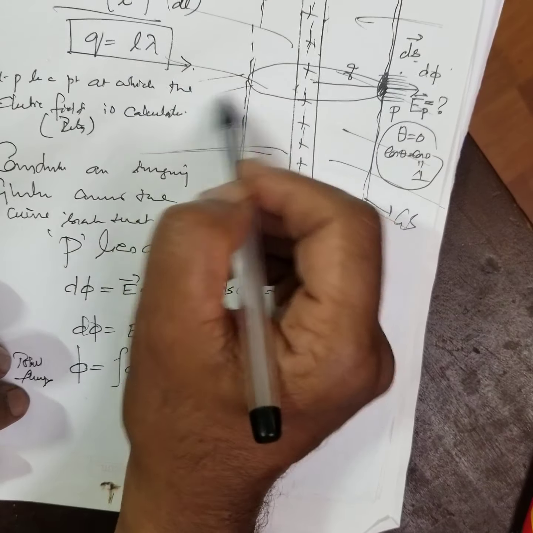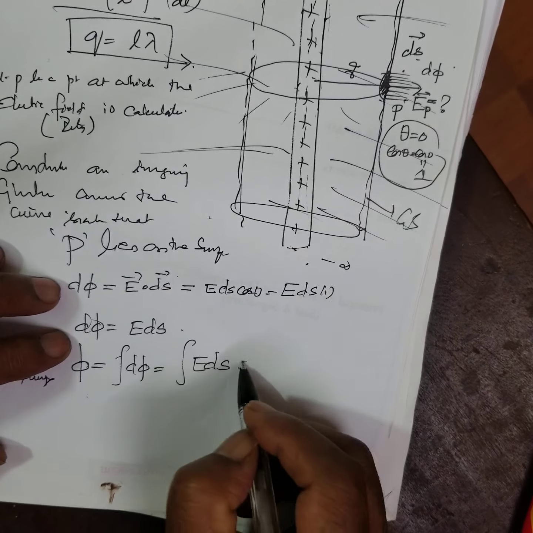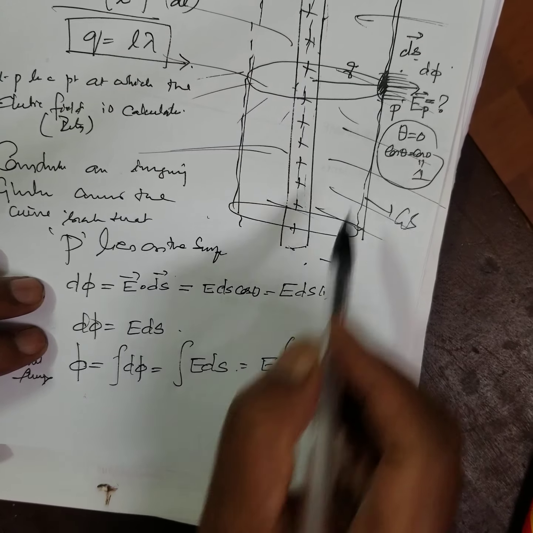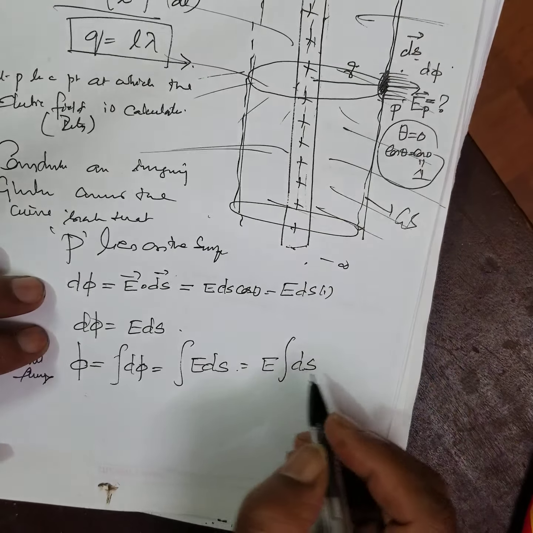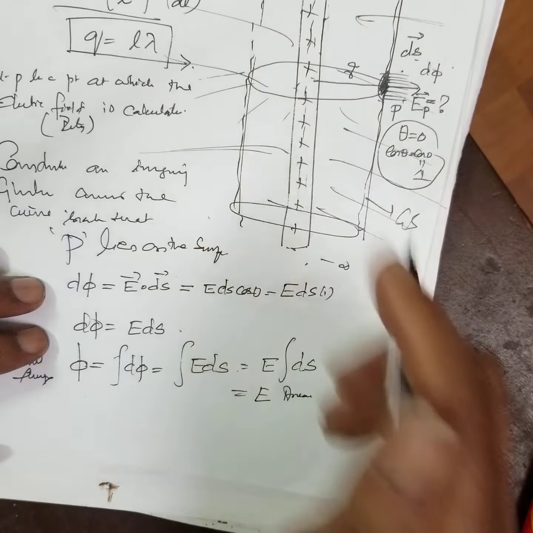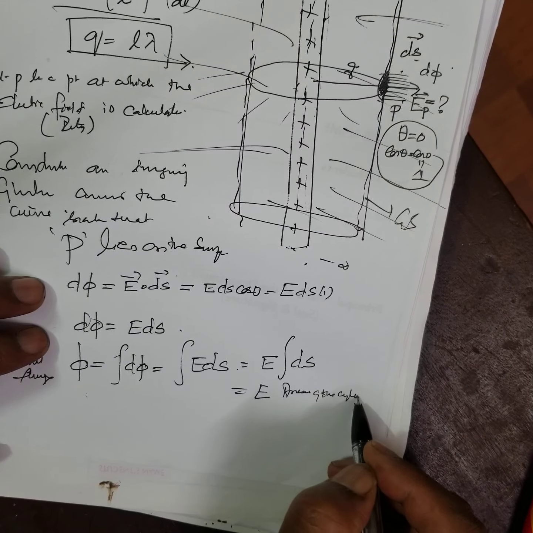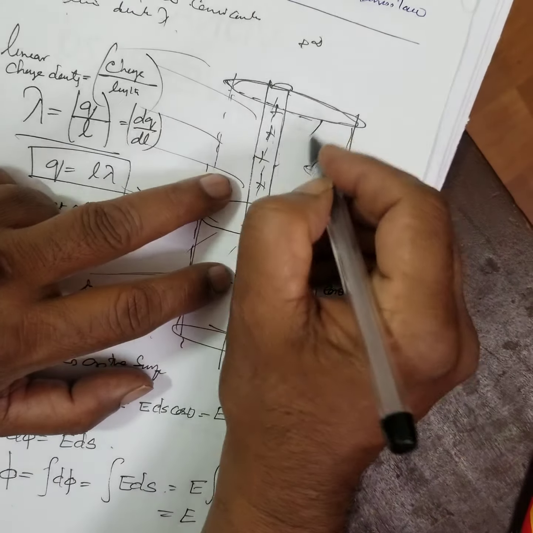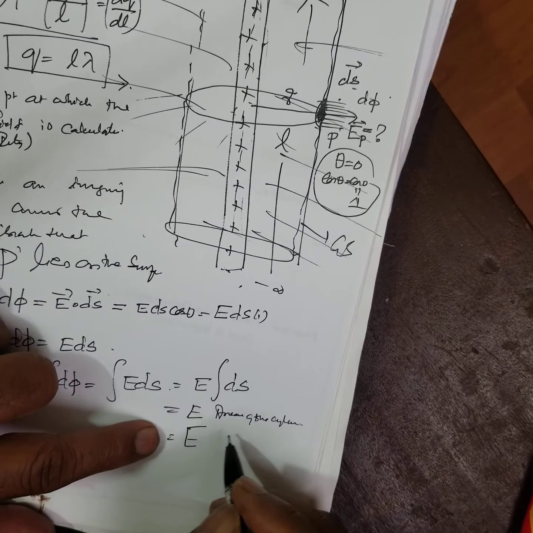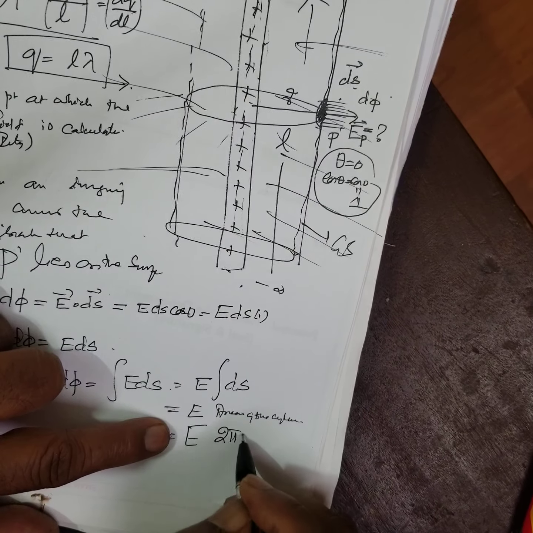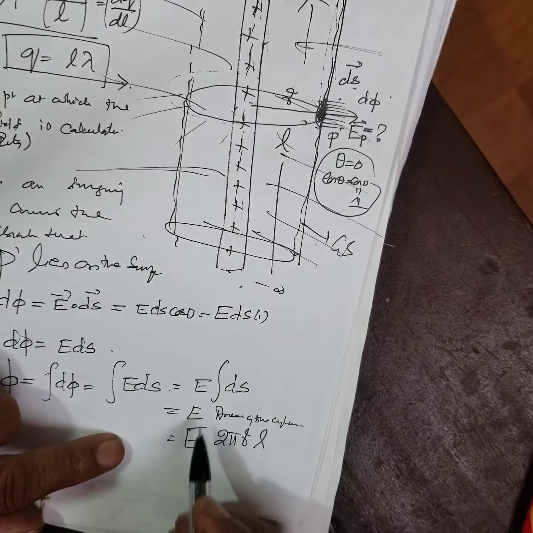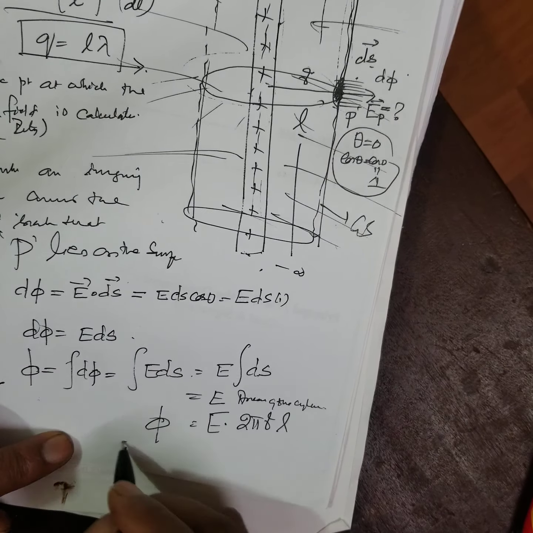The electric field is constant everywhere on the surface, so take E outside the integral. The integral of ds is the area of the cylinder, the lateral surface area. The cylinder has length L, so the area is 2 pi r into L. The total flux is E times 2 pi r L.